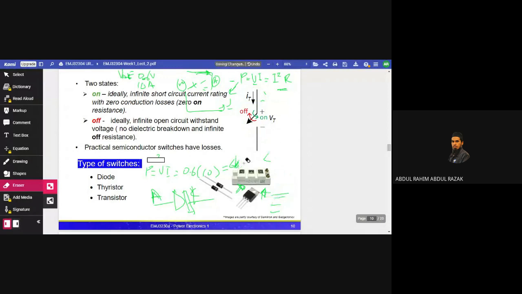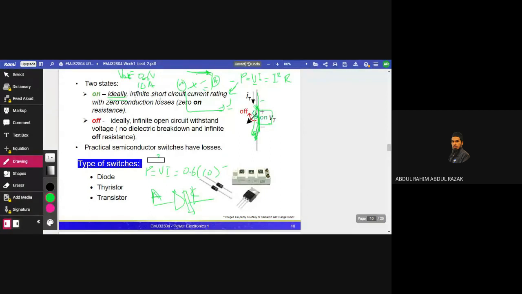When we want to understand the behavior or the response of our topology, the rectifier, inverter, cycloconverter, we shall consider that our switch at the time being is ideal. Ideal means that when the switch is switched on, the circuit is closed. We have a closed circuit. The connection is full contact, switch on.